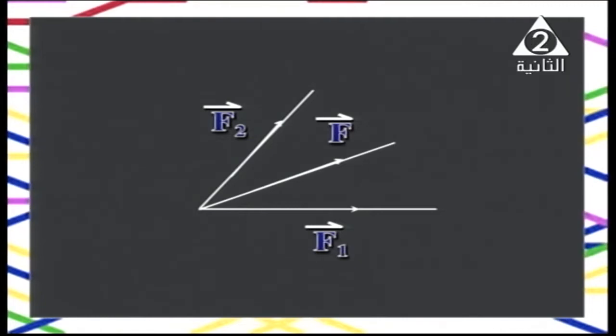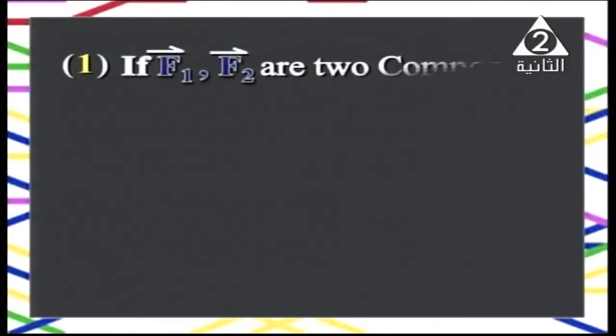What is the relation between F1 and F2? Look, F is inclined to F1 by angle theta 1 and inclined by angle theta 2 to F2. Then F1, my dear student, equals what? We have two components, F1 and F2.